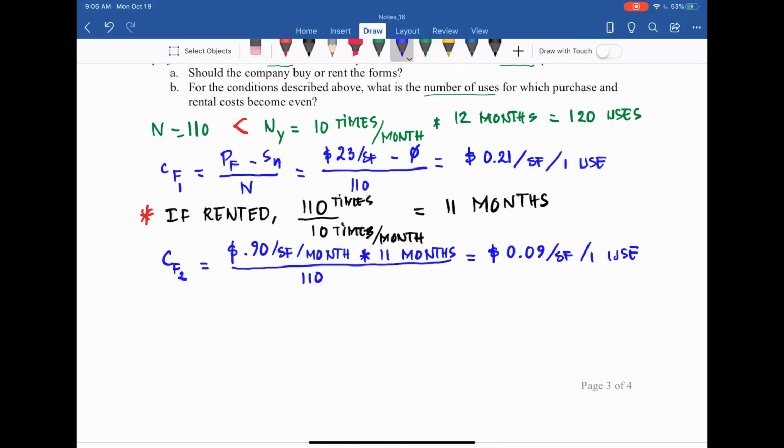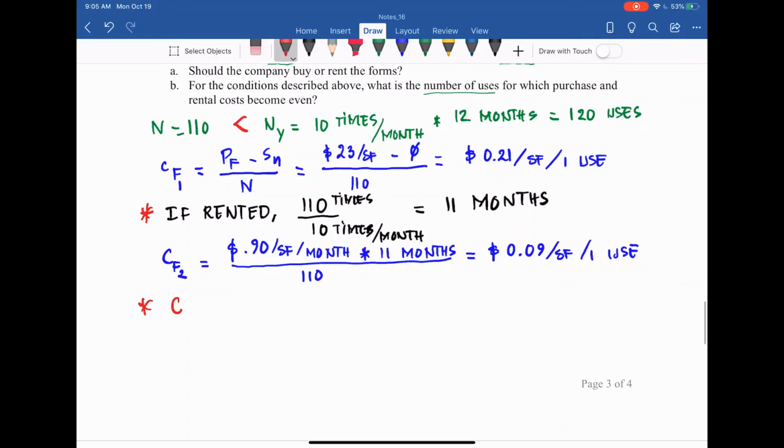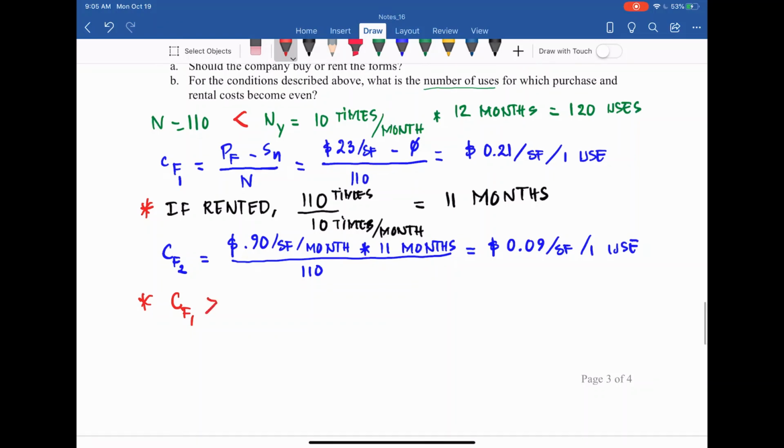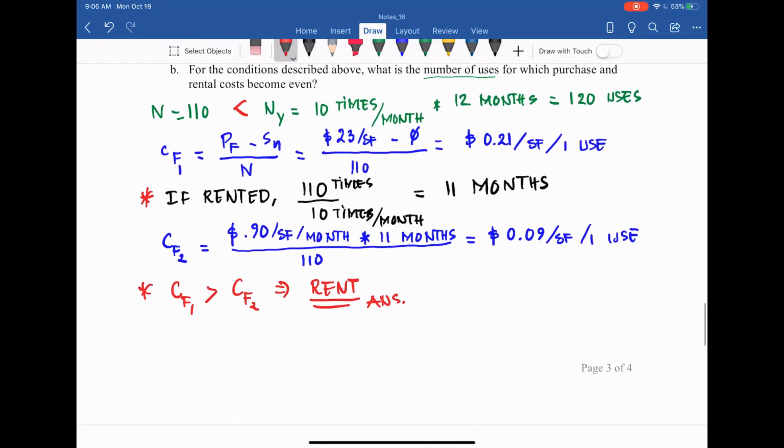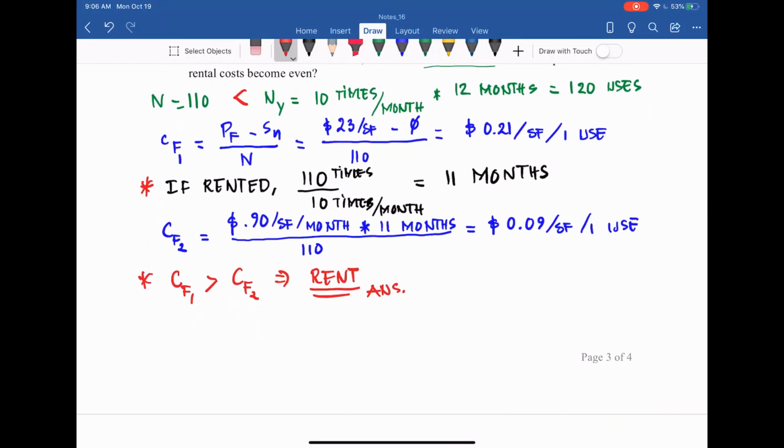So you can see that CF1, the cost if we purchase, is greater than CF2, the unit cost if we rent. So from that we need to rent, and that should be the answer: rent for scenario A. So that is A.